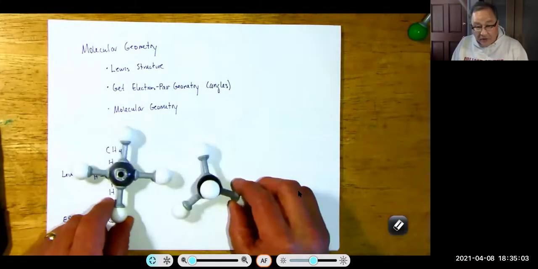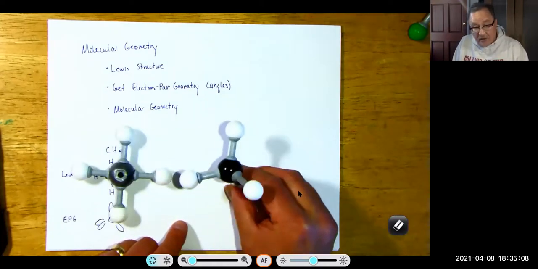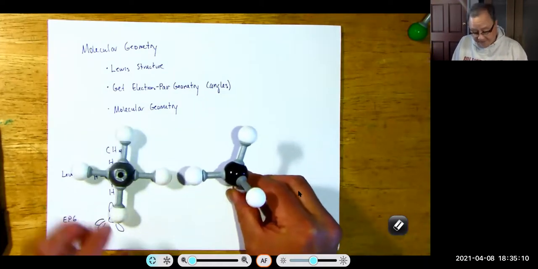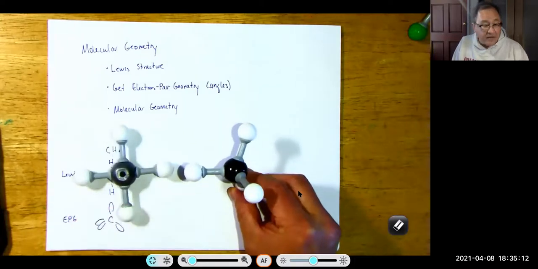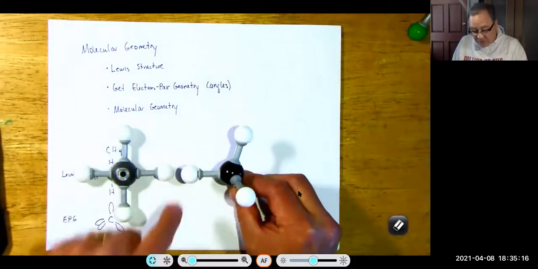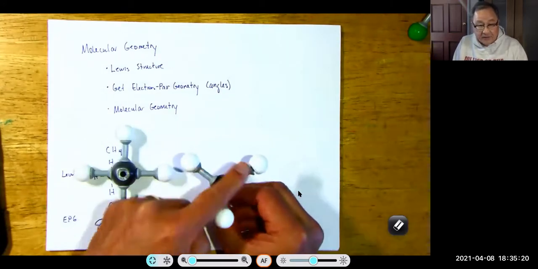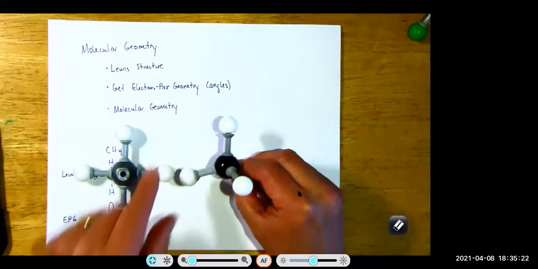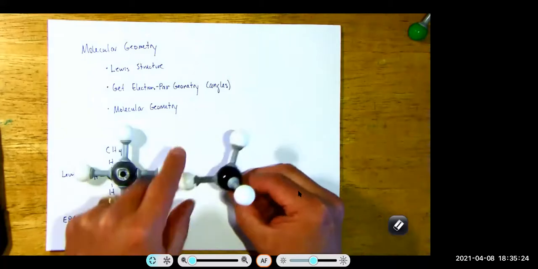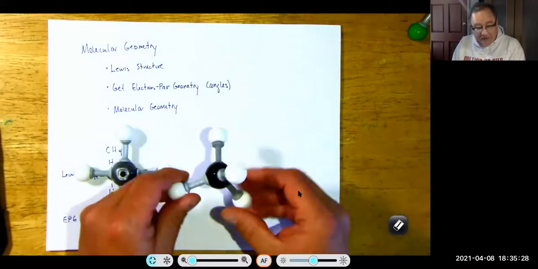Here the angles, if I hold this so that you can see, are more than 90 degrees. And it turns out that's 109.5. Any 2 of these angles is 109.5. If I rotate this, it's still greater than 90. No matter how we rotate it, it's 109.5.